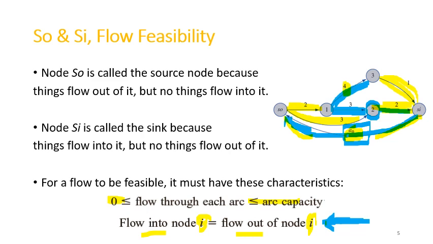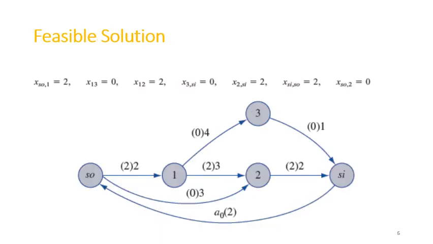Of course, this is just an artificial arc, so it is not there physically or in reality. It just helps us later to formulate a solution for this problem. Talking about the solution, let's see an example of a feasible solution for this kind of problem.